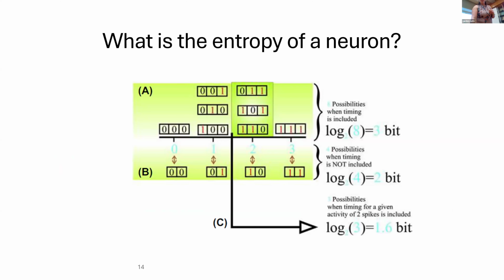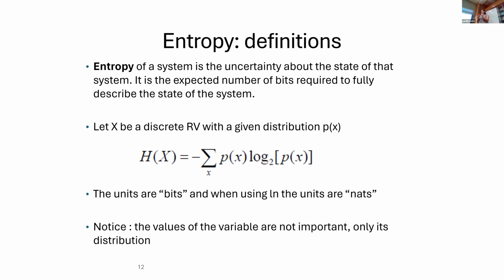Okay, so entropy is the way that we can calculate it. And for any kind of system, we have a different entropy. So what is the direct calculation of entropy? It is given by H of system X, which is the random variable, the RV.